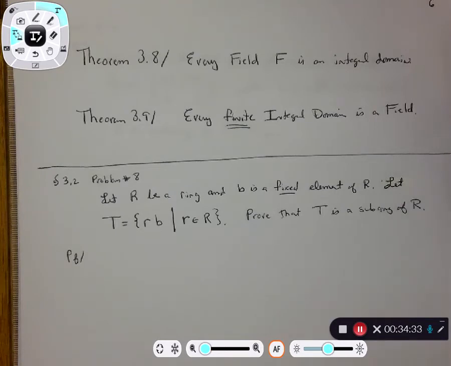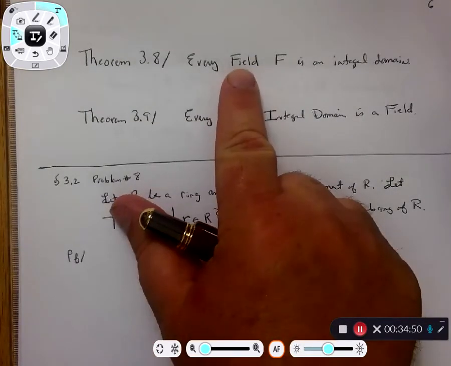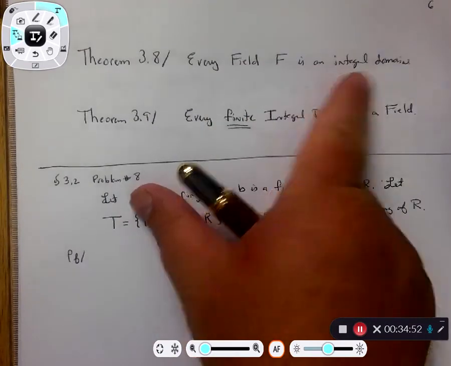And you look at this and go, yeah, by default. The definition of a field is it's an integral domain where all non-zero elements are units. Every non-zero element has a multiplicative inverse. So by definition, when you've got a field, you're going to have an integral domain with an extra property.